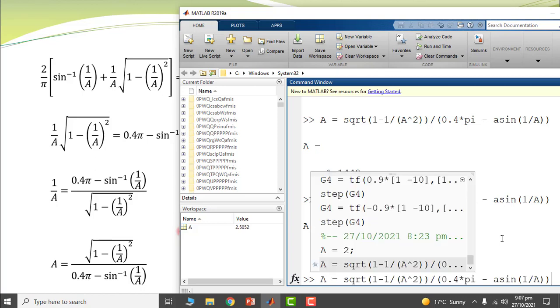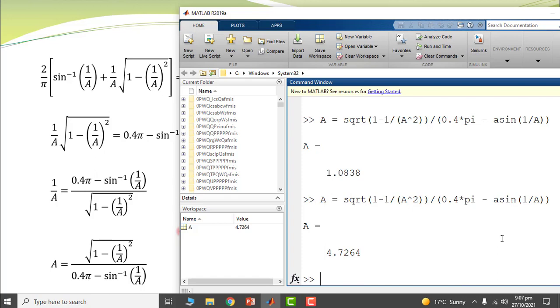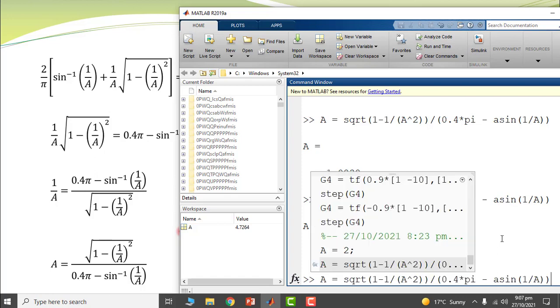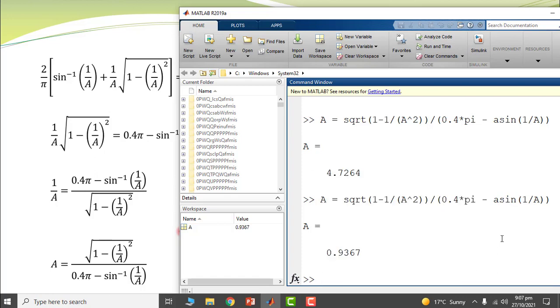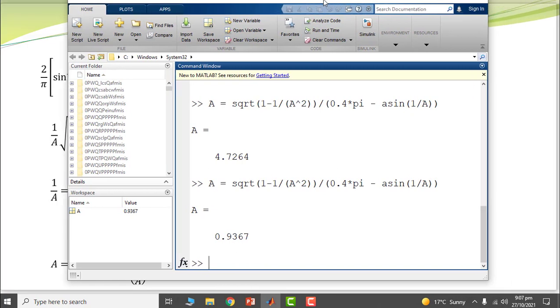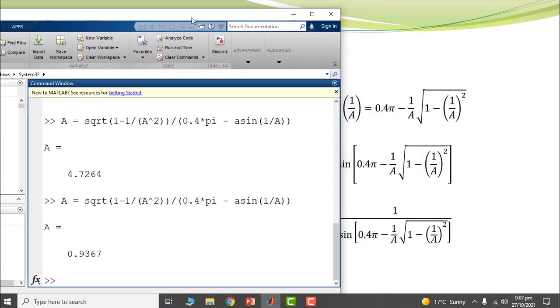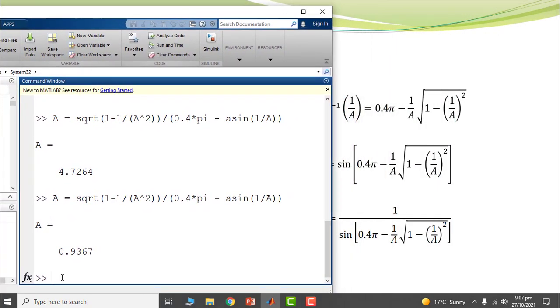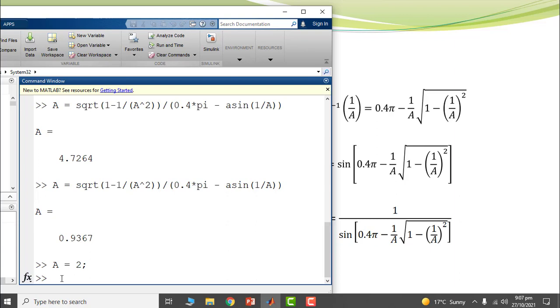So you see that this thing is not converging to any value. Each time I get a new value of a. So now I program the second equation. Again, I start with an initial guess of 2 and program this equation.